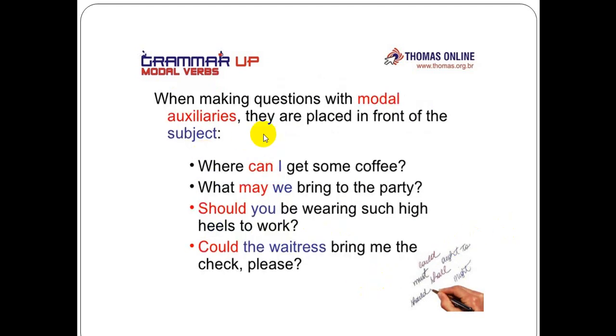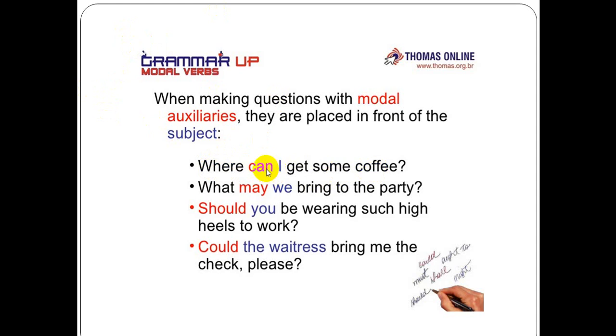When making questions with modal auxiliaries, they are placed in front of the subject. When we want to form the question, the modals come before the subject. For example: Can I get some coffee? Here we have a WH question: Where can I get some coffee?